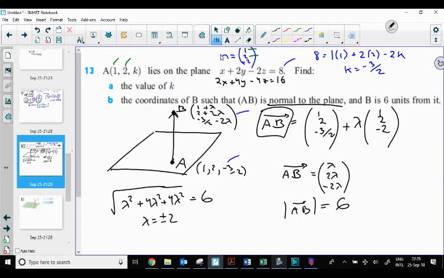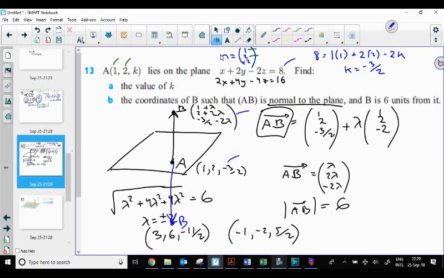When we substitute that back in for B, we might have 3, 6, negative 11 over 2. Or we might have negative 1, negative 2, 5 halves. And again, that's one point that is in one direction from the plane and another point which is in the opposite direction from the plane.